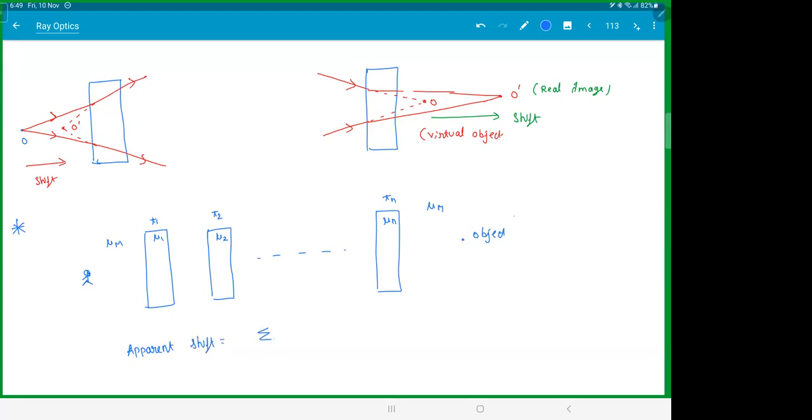The apparent shift will be sigma of t_i (1 minus mu_medium by mu_slab). You just take each one and add all the summations.